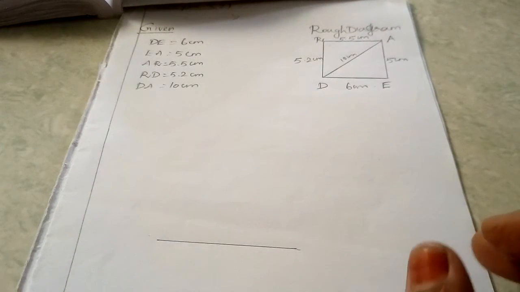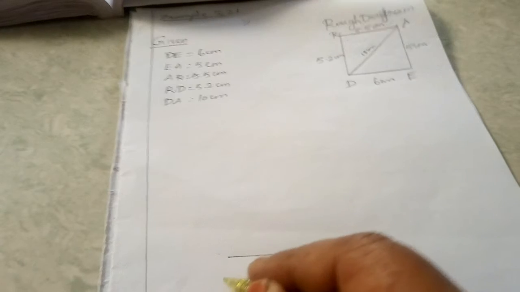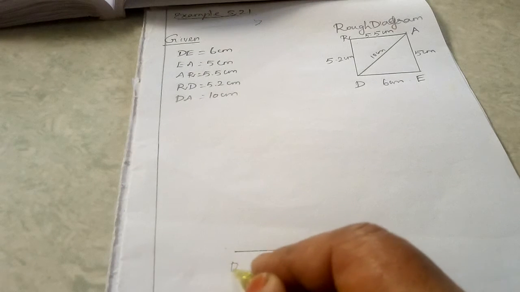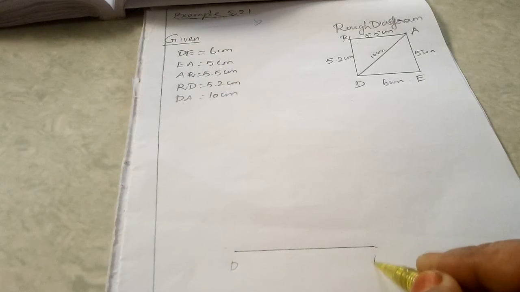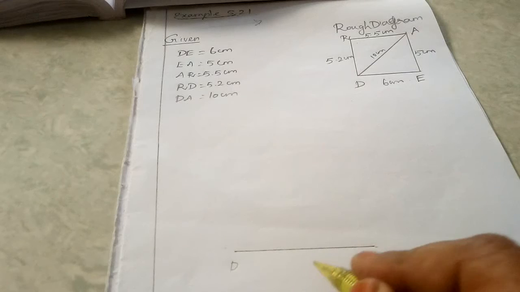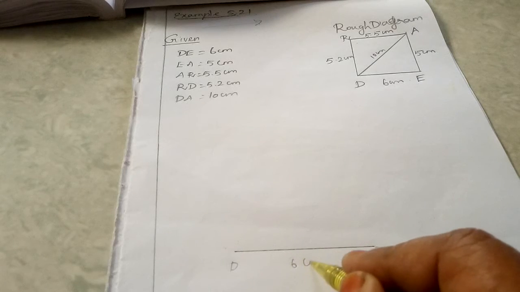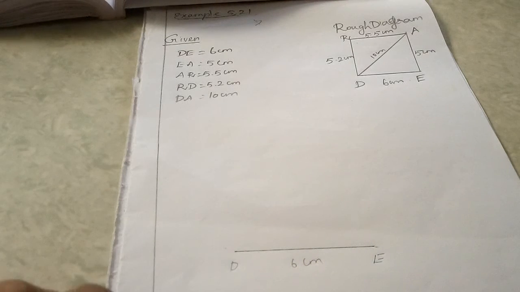Next, name the first and last points as D and E. What is the length? 6 cm. In that way you write.